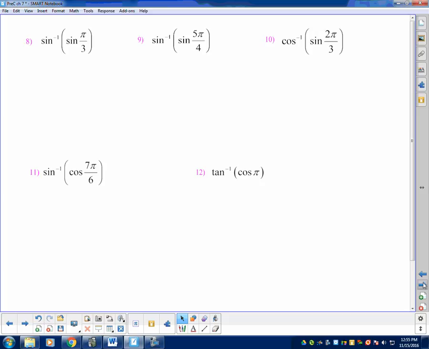What am I going to do first? F of g of 3, I would plug 3 in for x in which function? G. And then I would go from there and plug it into f. Same idea here. So this is like taking f of g of pi over 3. F is inverse sine, g is sine, and so we're going to start from the inside and work our way out. So what is sine of pi over 3?